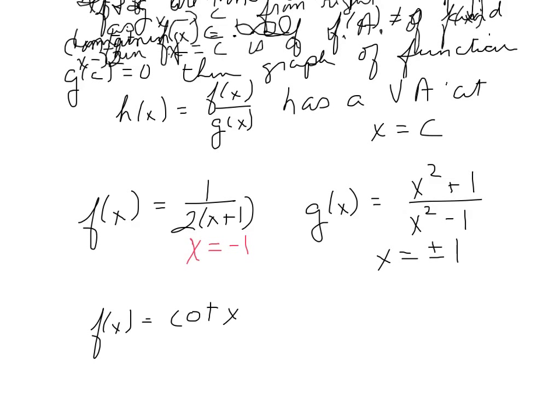It's the inverse of the tangent, but that doesn't do us a whole lot of good, because the ones we're most familiar with are sine and cosine, probably. So if we think about this as cosine x over sine x, where's the sine x equal to 0? At 0, pi, 2 pi, 3 pi. So here we have vertical asymptotes when x equals n times pi, where n is an integer.